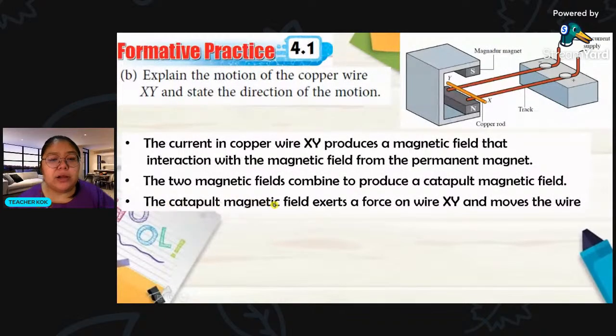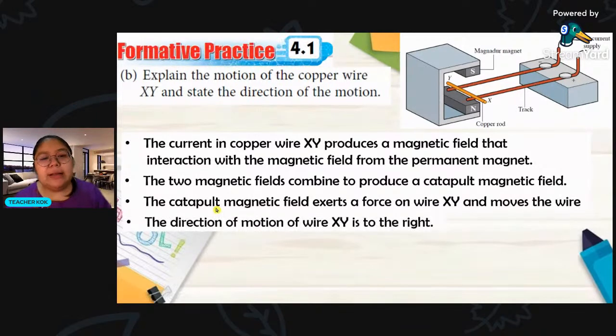The catapult magnetic field exerts a force on the wire XY and moves the wire. So number 3 mentions the motion: XY can be moved already. The last one, direction: the direction of the motion of the wire is to the right hand side. So finish. This should be the 4 marks answer.